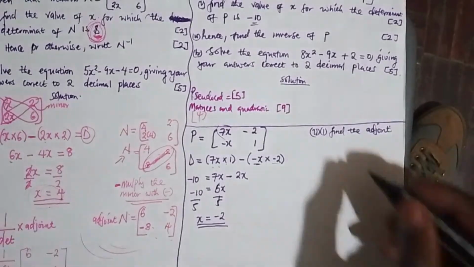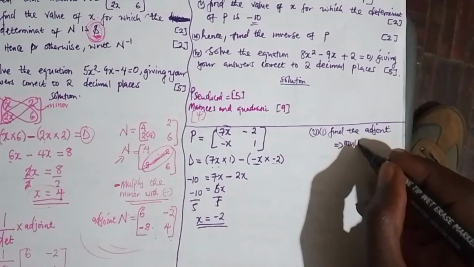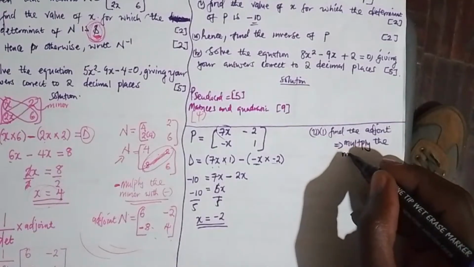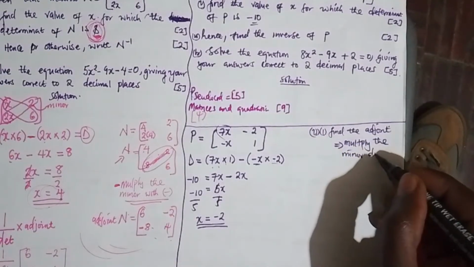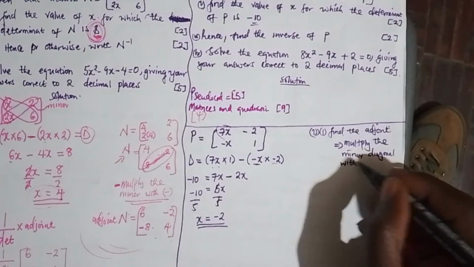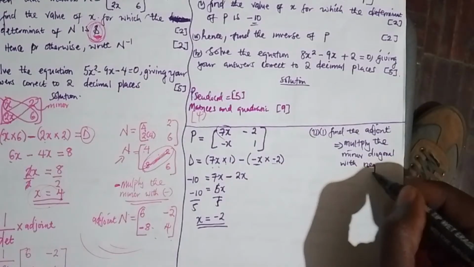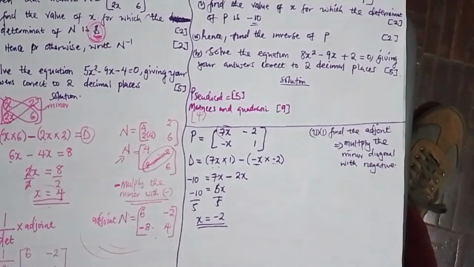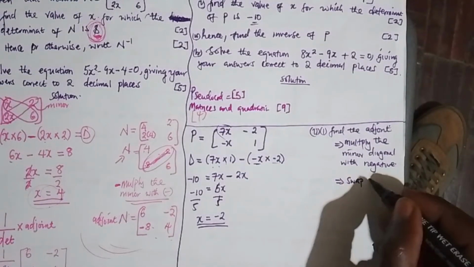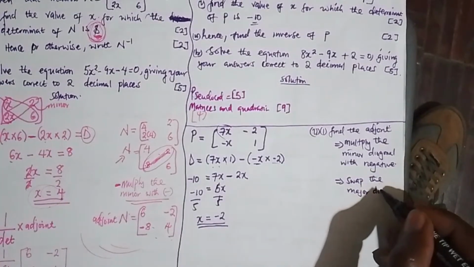What I said is, for the adjoint, you just multiply the minor diagonal with a negative, then swap the major diagonal.